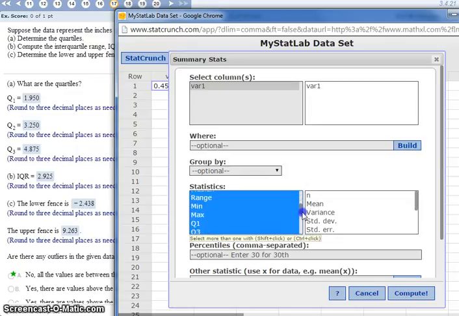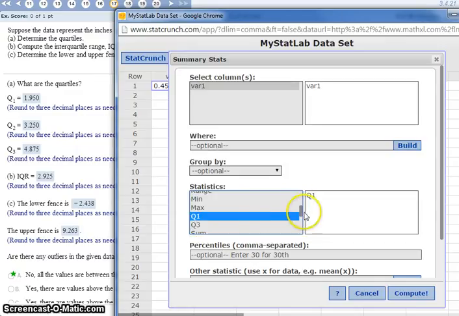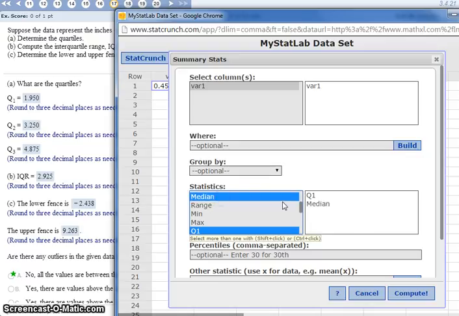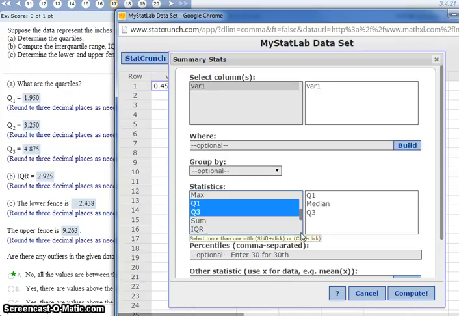And they're listed right here. So Q1, and then Q2 is the very middle of the data. The second quartile is the middle of the data. And then Q3 would be the middle of the top half of the data. So if you want to find those, you just select those. You can also hold down Control, and it'll find the interquartile range for you.